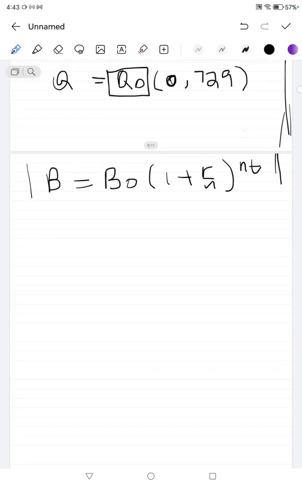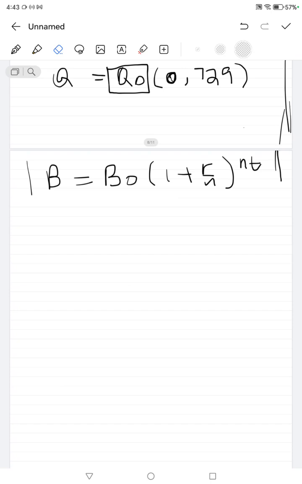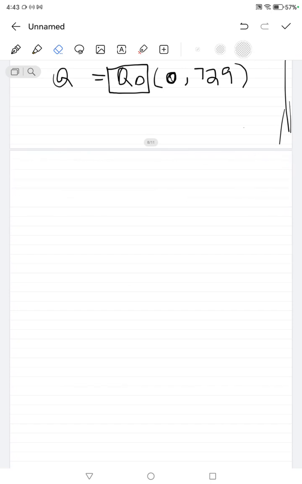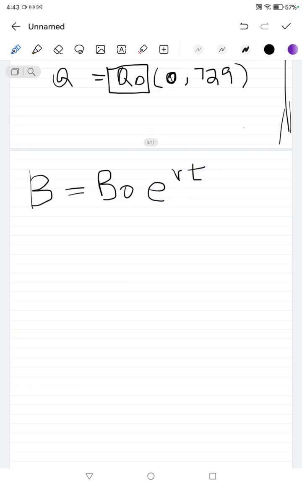So now you have a situation where you have your 10,000 in your account. Then you will say B is equal to B0 e to the exponent rt. They said you deposited 10,000, then you have your e.